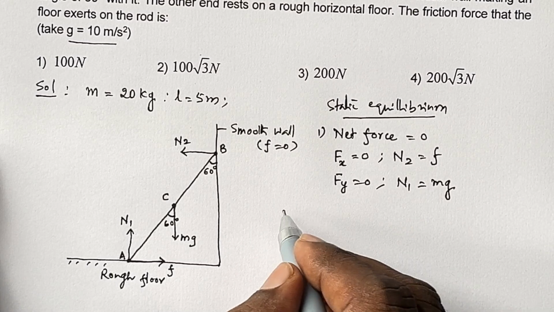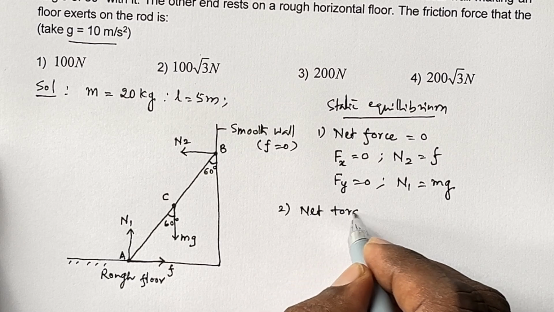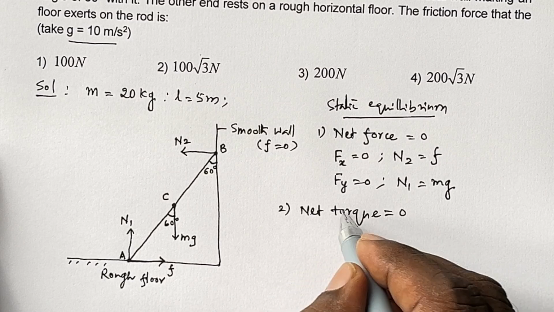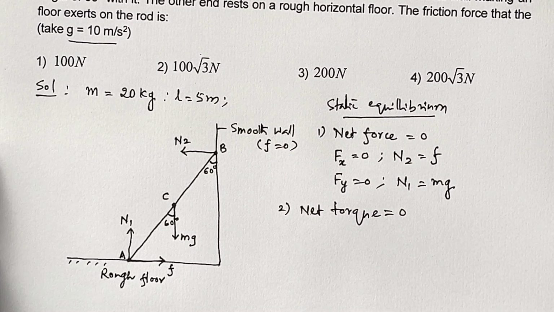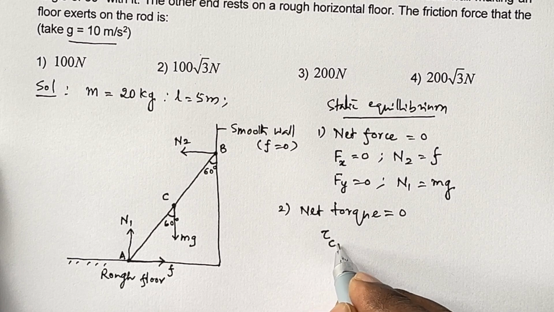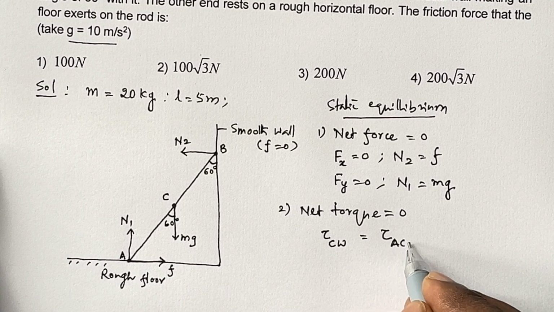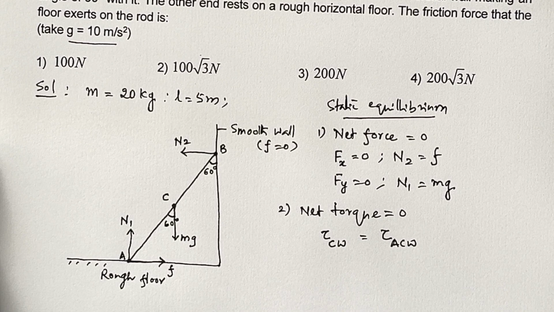Next, net torque must also be equal to 0. So when net torque becomes 0, for easy calculation we take torque in the clockwise direction equal to torque in the anti-clockwise direction. Moments of forces about a point must also become 0 when a rod is in static equilibrium, right?